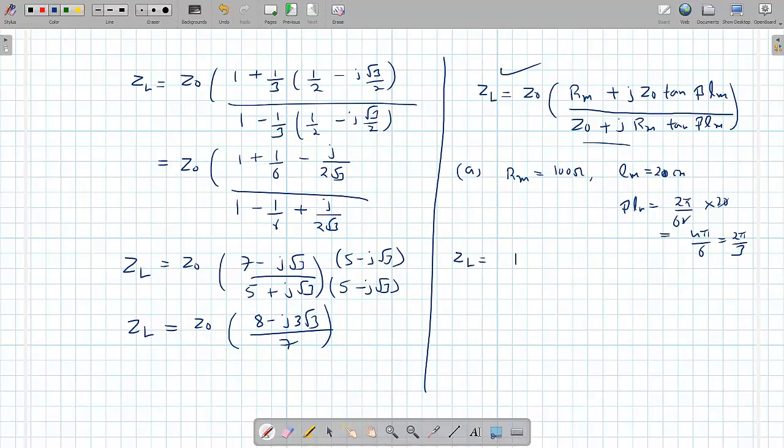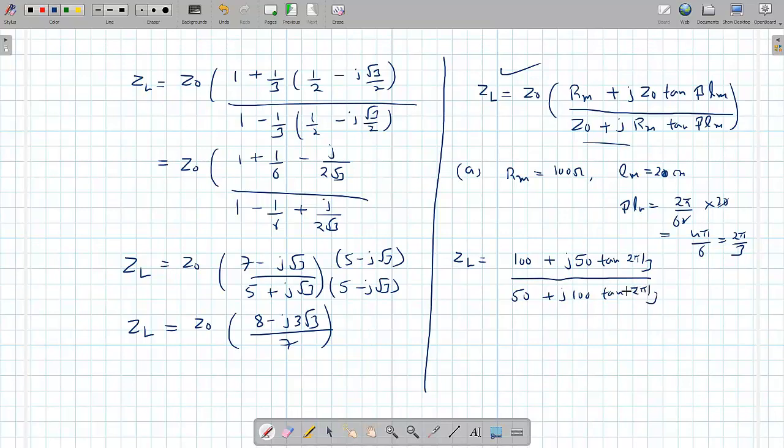That will become (100 plus j50) and 2 pi by 3, or (50 plus j100) and 2 pi by 3. What is tan of 2 pi by 3?